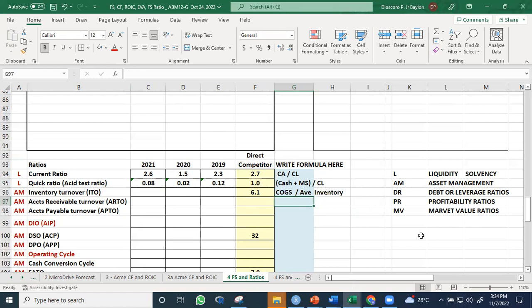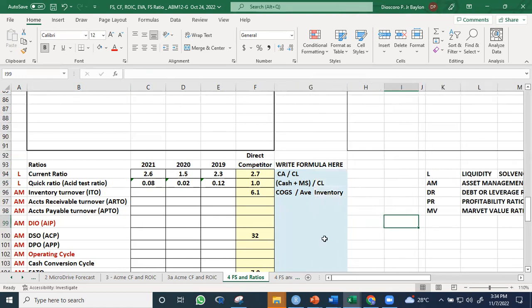Yan ang kapartner niya. Sa accounting siguro natutunan niyo yan. Yung perpetual inventory system, diba? You use the account inventory, and then pag may nababawas yung inventory, you use cost of goods sold. All right, so this is the ratio. And take note, cost of goods sold is a period account. Ibig sabihin, for the whole period yan, for the whole year. So that's why it makes sense to get the average inventory.